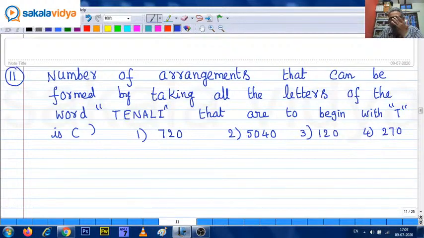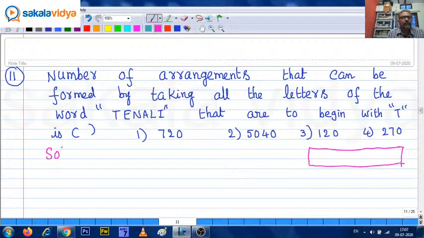Begin with T means already the first place always should be fixed with T, that's all. Then fix T in the first place, the remaining places are to be filled with remaining letters. That we need to do. So first of all, blank places method, empty places method. First write down solution.